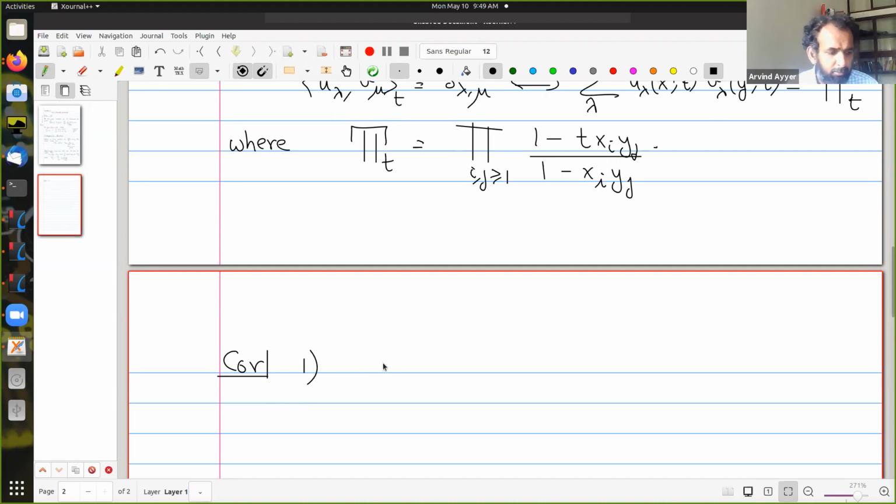So the sum over lambda of p lambda of x, p lambda of y divided by z lambda.